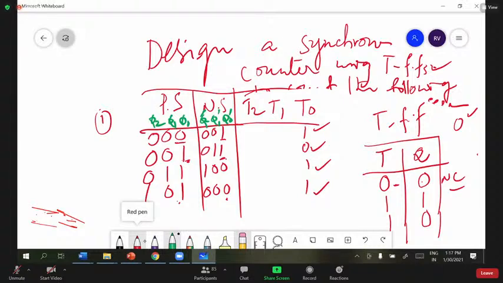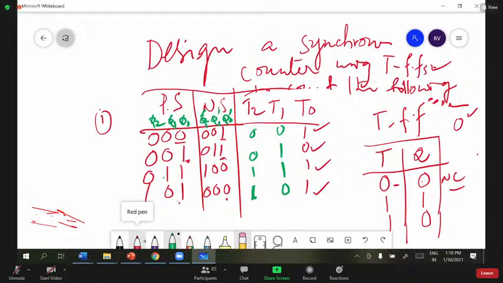For the 0, 0 condition, 0. 0, 1 condition, 1. This is the 1, 0 condition, toggle condition. This is the no change condition. And similarly for all zeros, this is no change. And 0 has become 1 means this is 1. 1 has become 0 means this is also a 1 condition. Based on this, you have to prepare the truth table.